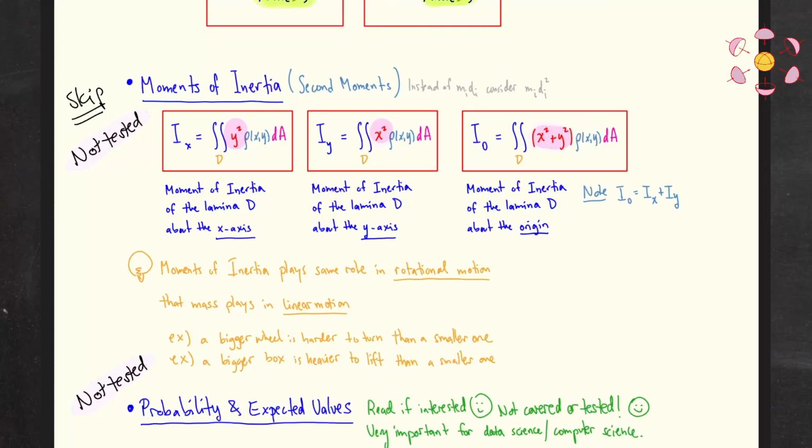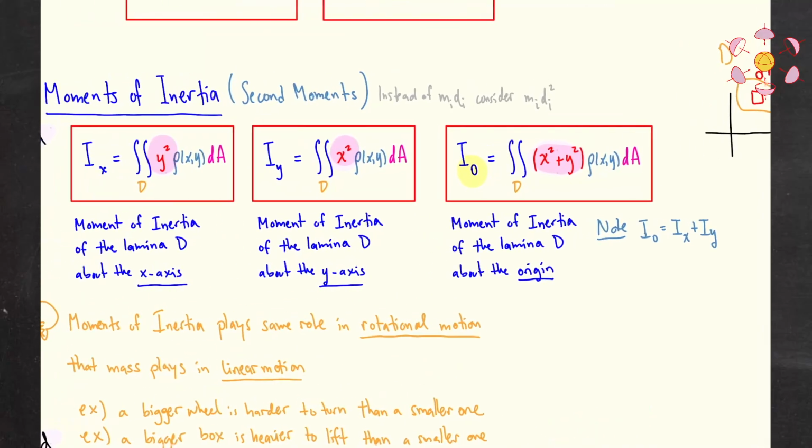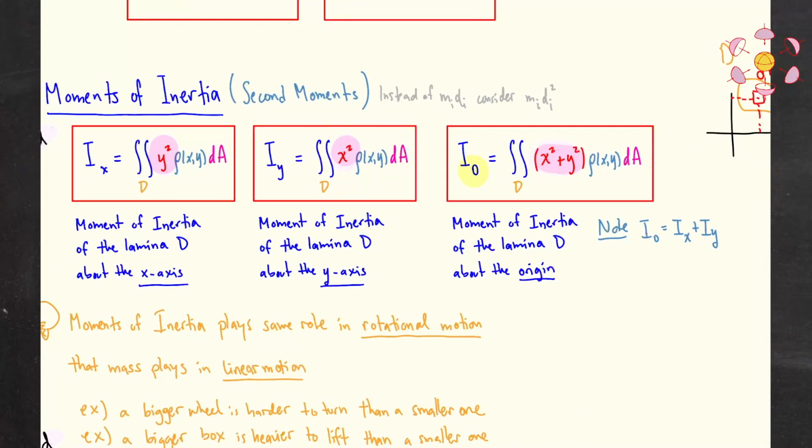This one, I0, is basically the moment of inertia about the origin. Let me draw a little picture here. Same idea as centers of mass, where you take a little tiny chunk of mass. Let's pretend we've got a lamina somewhere over here, D. The second moments are again measuring to the x, to the y, but then you square the distance. That's mathematically all that is different.